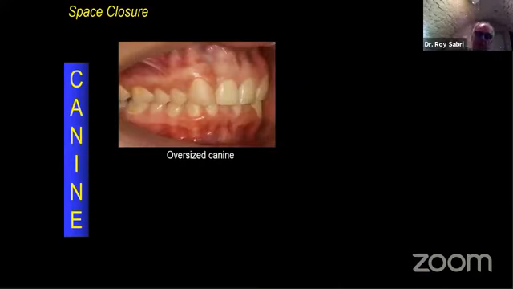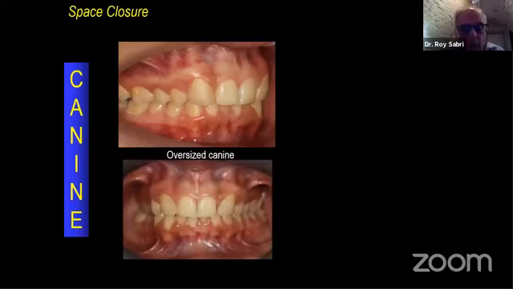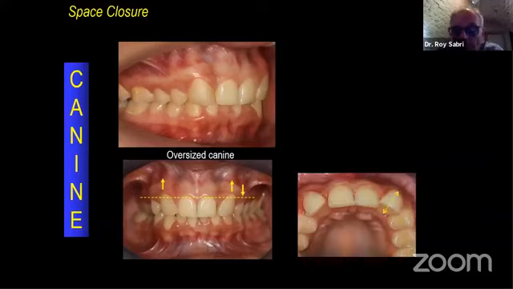Of course, this canine is not an ideal canine for space closure. It's oversized. And look at the gingival level. There is no way you can improve the gingival level because the canine is so bulky labiolingually. You have to trim almost half the canine if you want to correct this bulging, this offset.